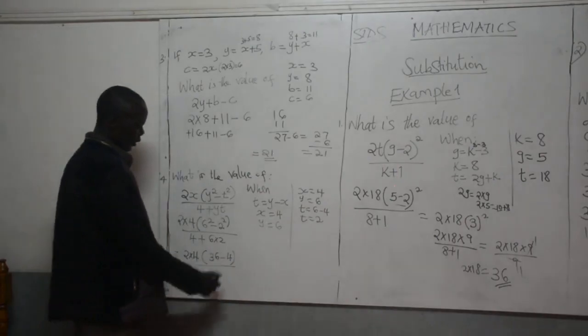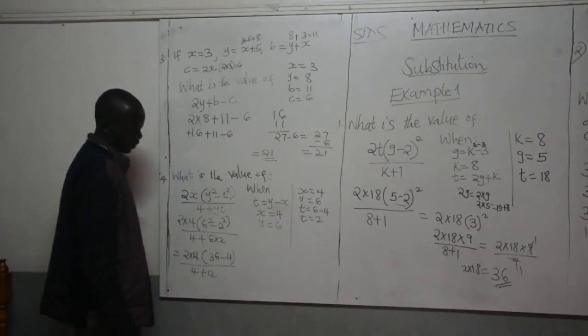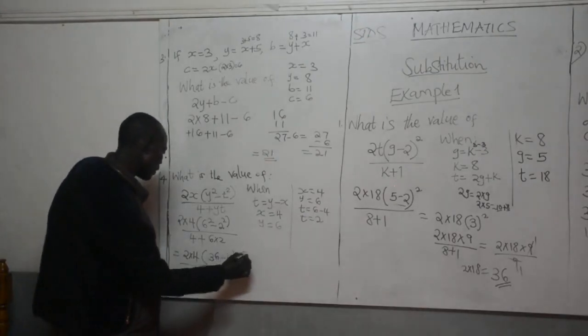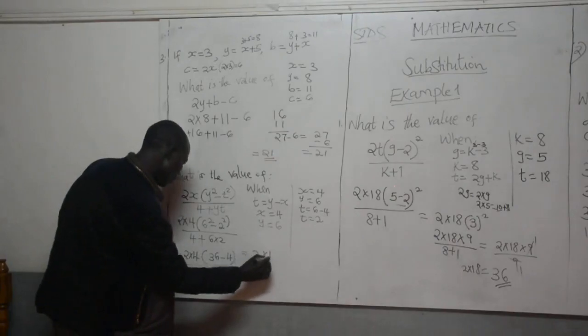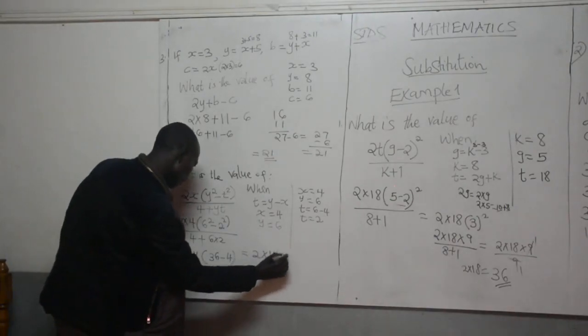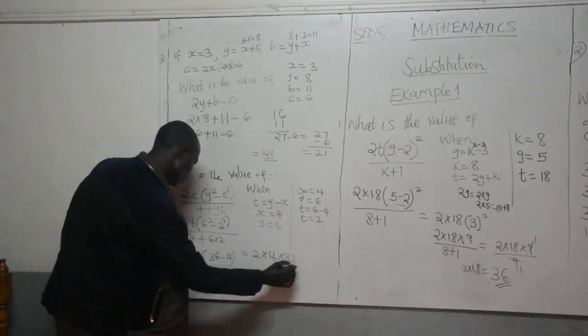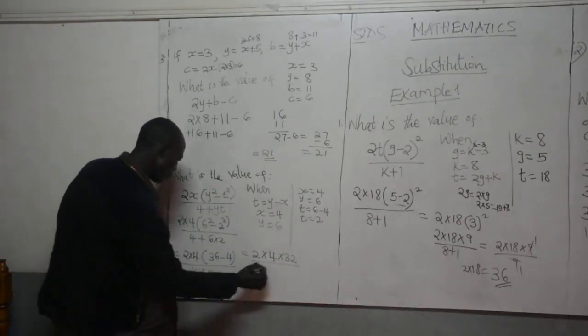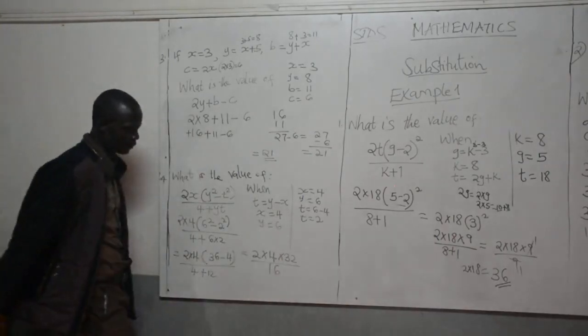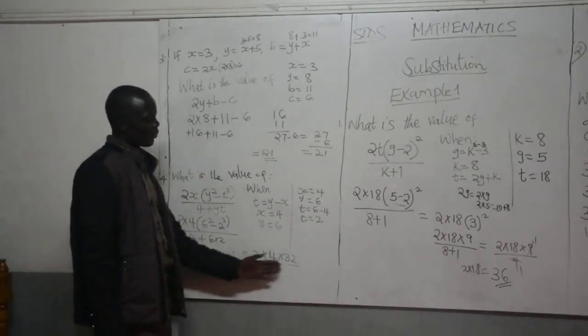Now can you subtract this? 36 take away 4 gives us 32. So that we now say this is 2 times 4 times 32 over 4 plus 12 gives us 16.